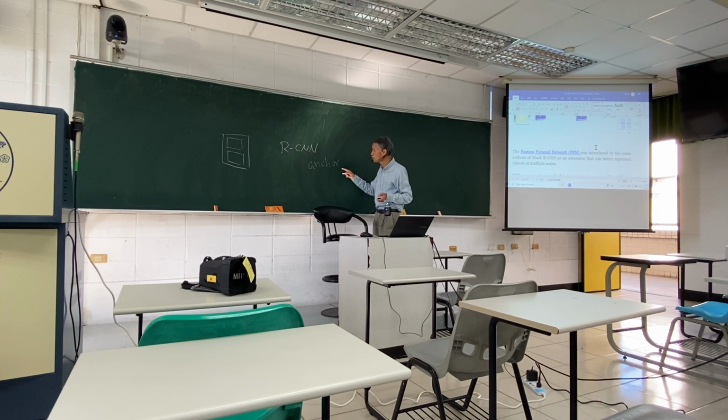You need to find the anchor and then you try to come up with 9 anchor boxes, right? 3 scales and 3 aspect ratios, so that's 9. It uses different scales to evaluate the variation of the object.